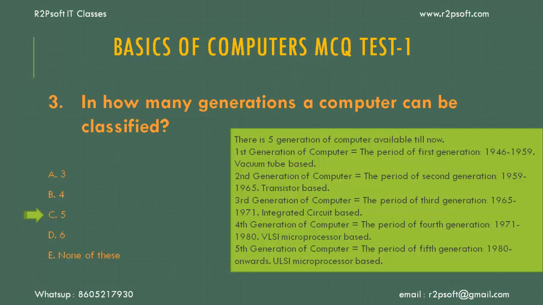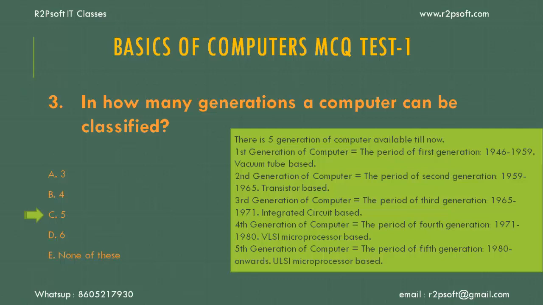First generation of computer, the period of first generation 1946 to 1959, vacuum tube based. Second generation of computer, the period of second generation 1959 to 1965, transistor based.